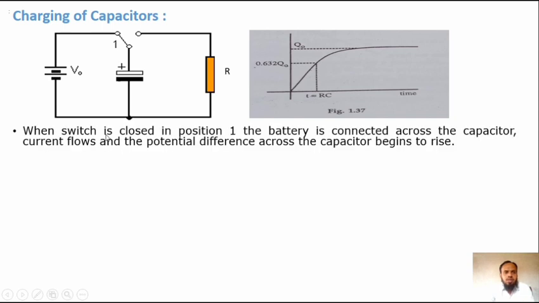When switch is closed at position 1, battery is connected across the capacitor, and current flows through the capacitor in this way, and the potential difference across the capacitor begins to rise. Here the charge carriers are collected across the capacitor.